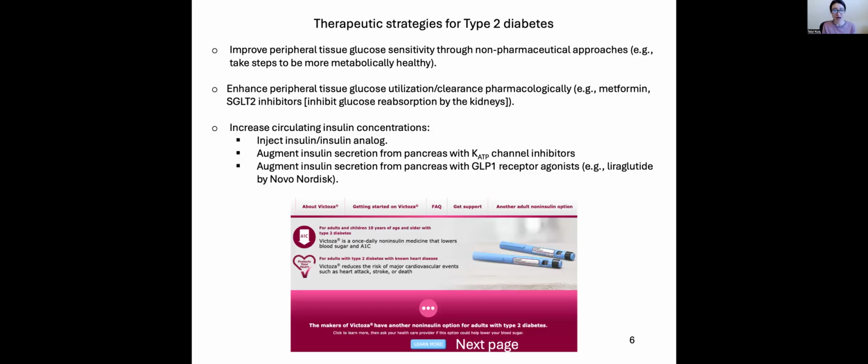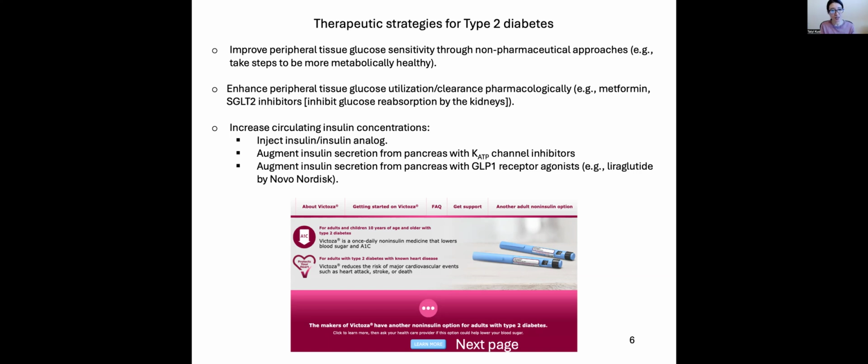So let's take a look at the currently available therapeutic strategies for treating type 2 diabetes. So first, we can improve peripheral tissue glucose sensitivity through some non-pharmaceutical approaches. For example, take steps to be more metabolically healthy, either through dieting or exercising or both.